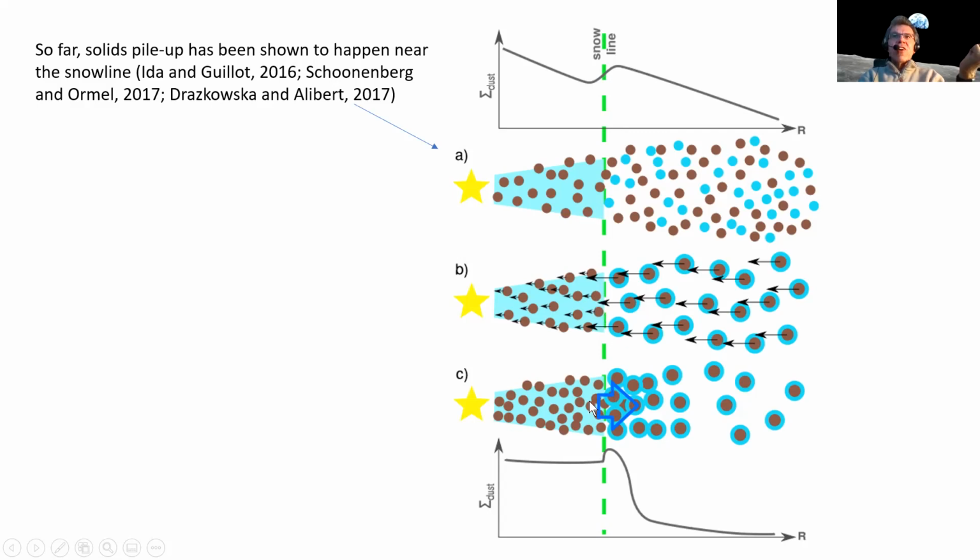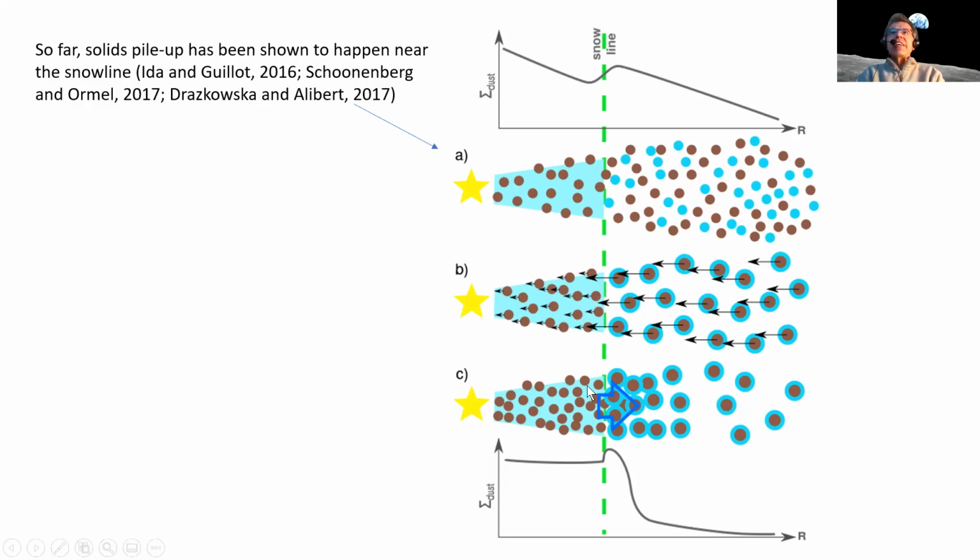Only the silicate grains continue their migration towards the star. So first of all, this creates a traffic jam, because these particles are drifting faster than these. As these particles sublimate the ice and become smaller, they slow down. So it's like a traffic jam of cars on the highway. When there is a slowdown in cars, the cars come together, and there is a traffic jam.